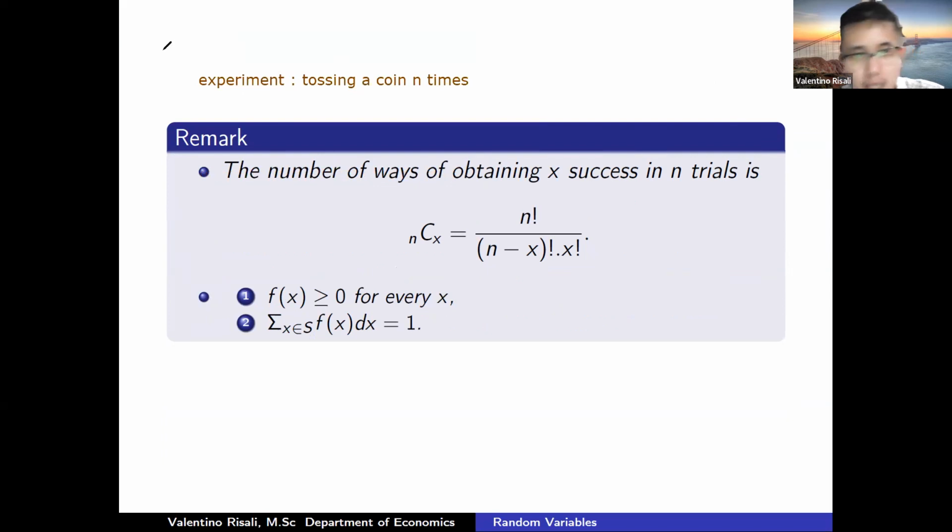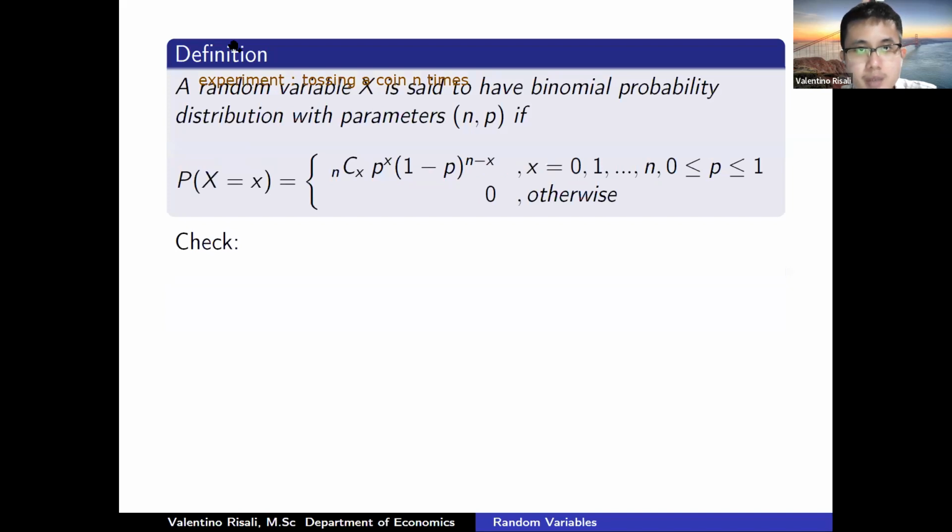And I recall again that the number of ways of obtaining x successes in n trials is this combination, n choose x. And then we must check that these two conditions hold.